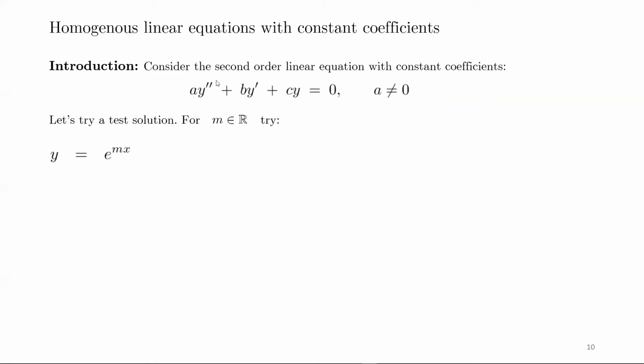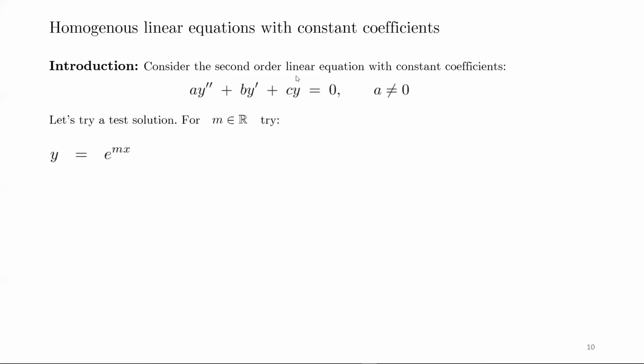We want some function where we take its derivative and its second derivative, and then we multiply the second derivative by a, the first by b, and the function itself by c. When we add those together, we want it to add up to 0. So we don't want a function like sine, which will turn into a cosine when we take its derivative, or something like a logarithm, which turns into 1 over x.